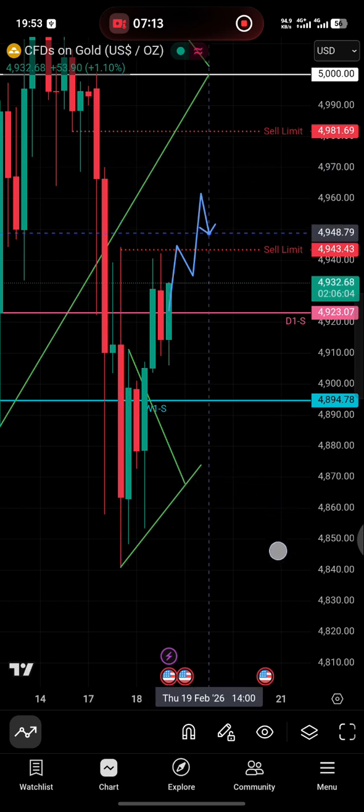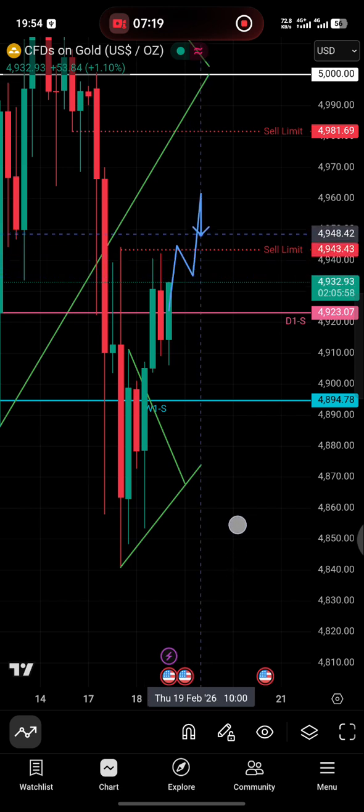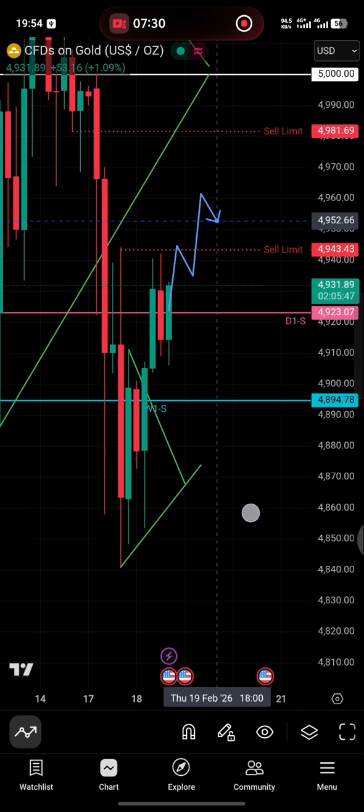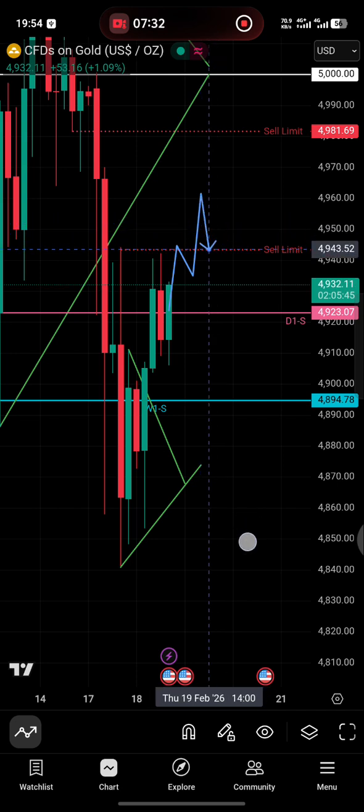Only then, at the next candle retracement, is where we're gonna buy. If the previous 1, 2, 3 candles haven't produced any bullish price action for us to see, we are not gonna be buying, because buying without confirmation is too risky, right? So right now we wait for confirmation.